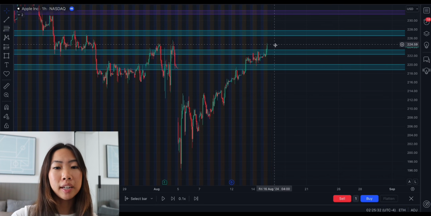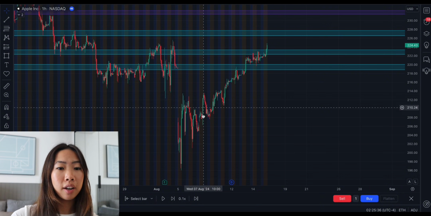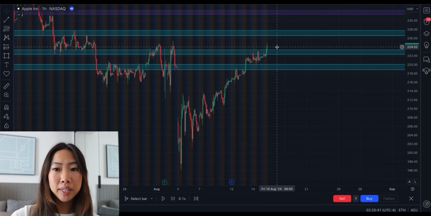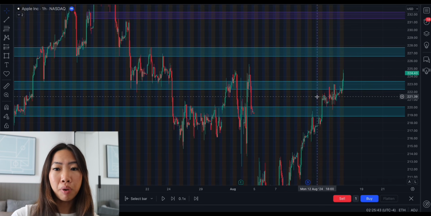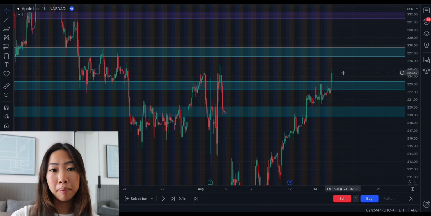Now getting ready for the current day, all I'm looking at is, if I understand the overall trend, we see that the price is bullish. So we know it's a bullish trend. Then what we see here is, if we zoom in, price has already broken this resistance area during pre-market time.